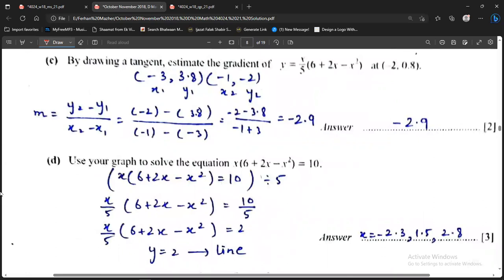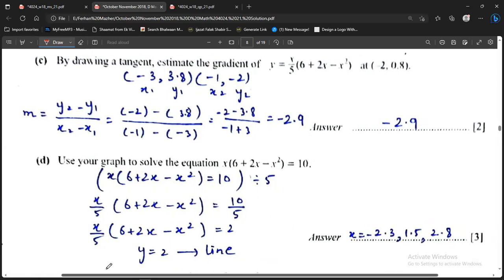So it is minus 3 comma 3.8 and minus 1 comma minus 2. So I will apply the gradient formula, that is y2 minus y1 divided by x2 minus x1. So it will be minus 2 minus 3.8 divided by minus 1 minus minus 3, and that will be minus 2 minus 3.8 divided by minus 1 plus 3. So when you do this calculation, you will get minus 2.9. So minus 2.9 is the answer, sir.